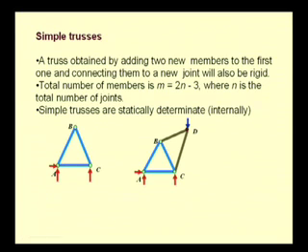Let us see what we mean by simple trusses. The triangular truss that we have just seen, that is, we have these elements AB, BC and AC connected by a pin joint at A and a roller at C. This truss element is a rigid truss and it is known as a simple truss.